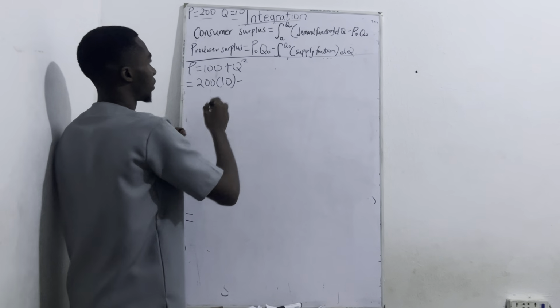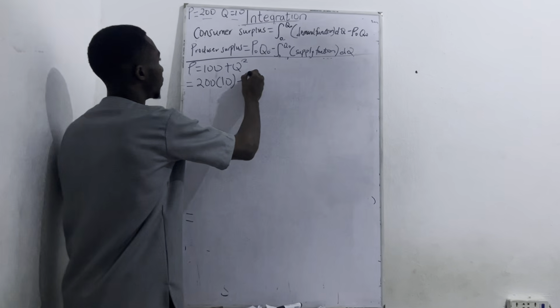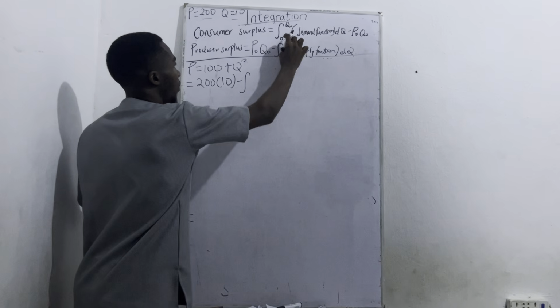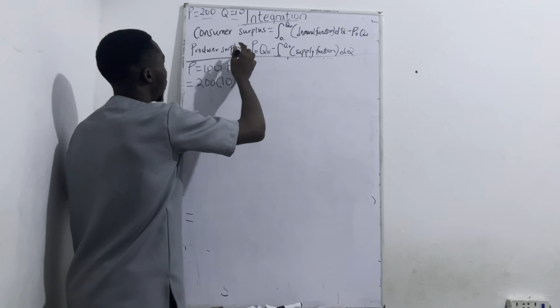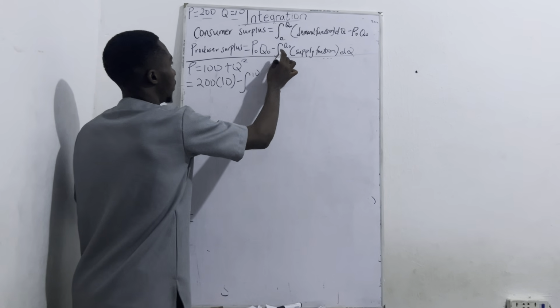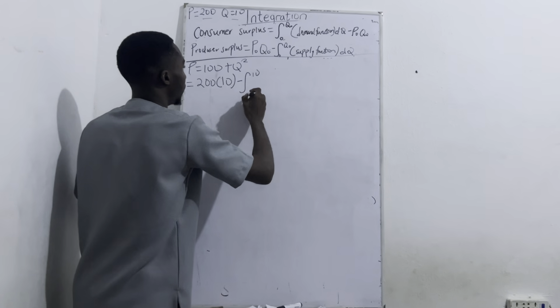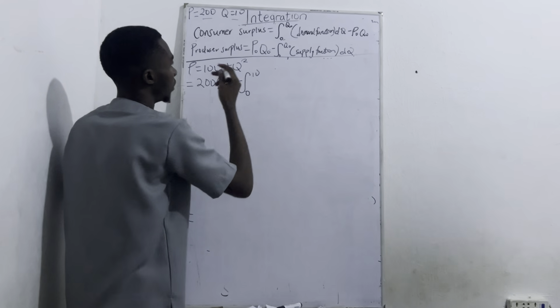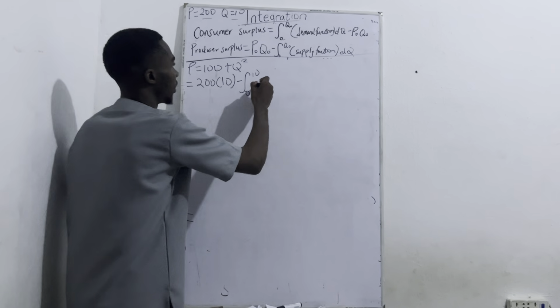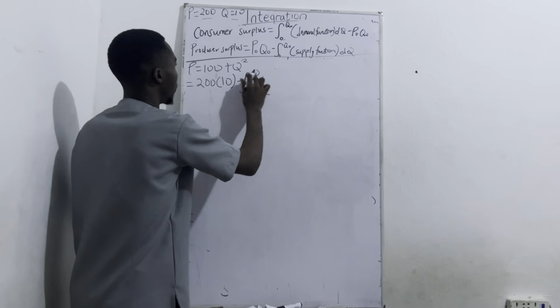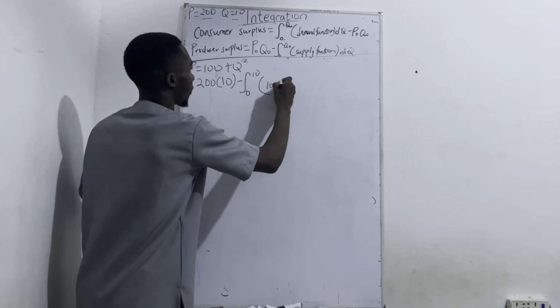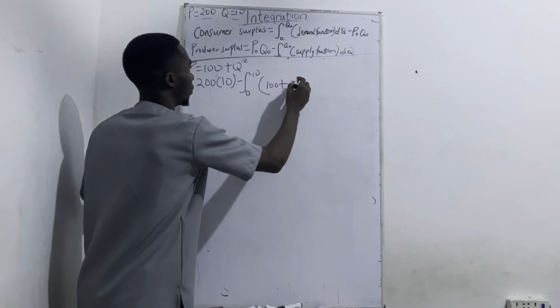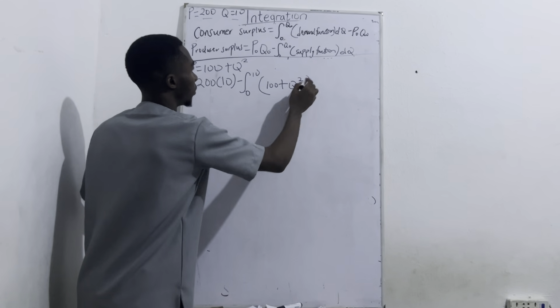Then minus the integral of, then to the top here you have Q naught, which is 10. Then below you have the 0, right? So the 0 is always the same. Then into bracket the supply function, which is what is here. So 100 plus Q squared, then the dQ.